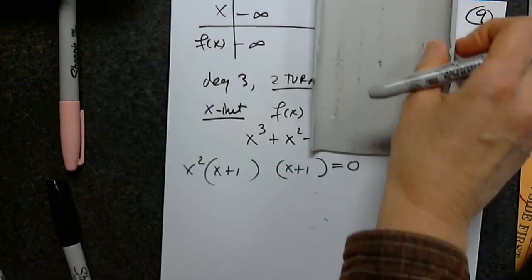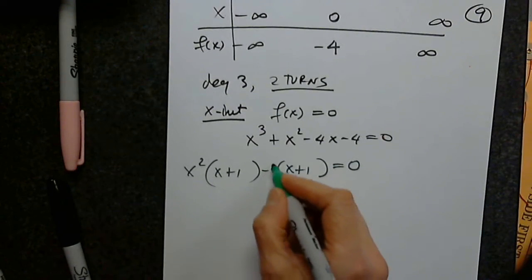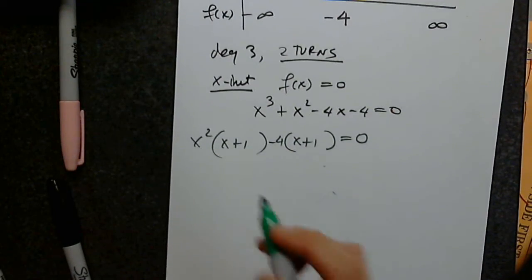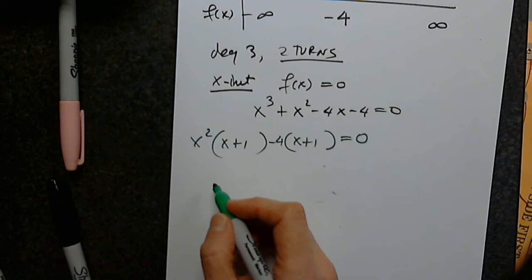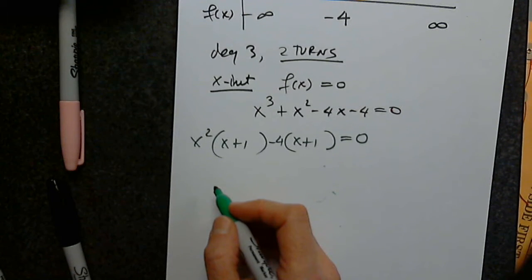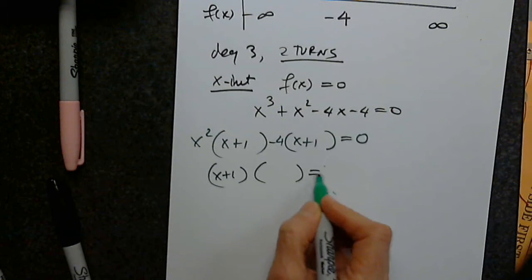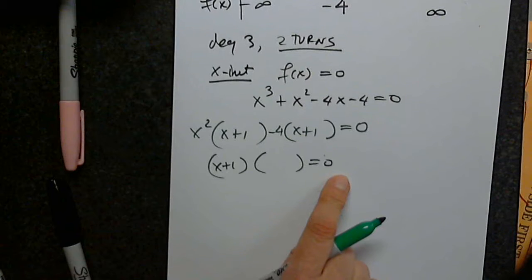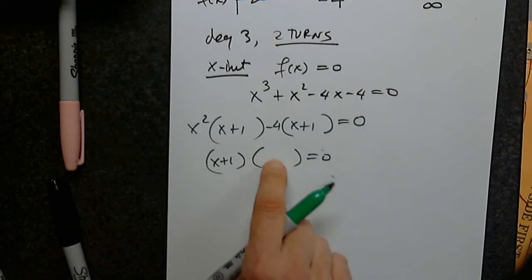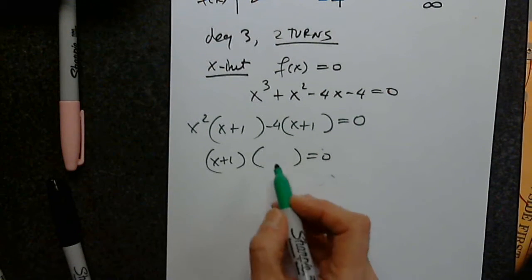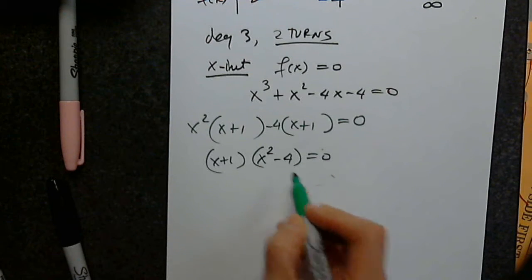X plus 1. And now, negative 4. I factor out the common factor next, which is? Perfect. Then I factor. If I don't put parentheses and 0, I will never solve. What do I have inside? X squared minus 4. Good.